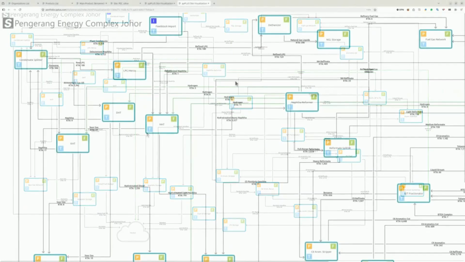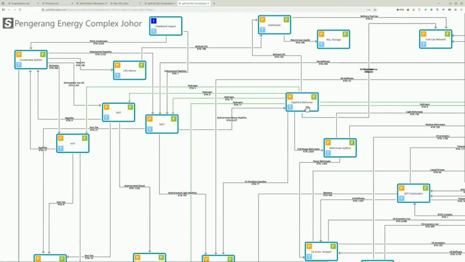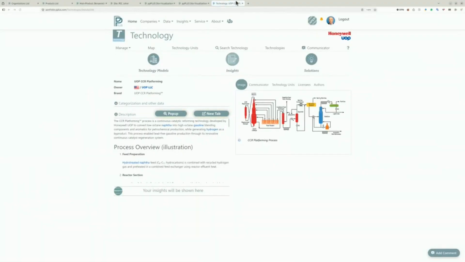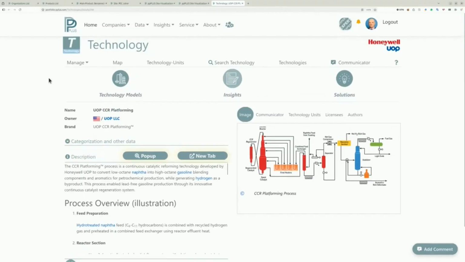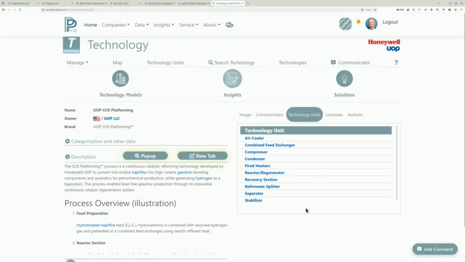So each box, for example here a naphtha reformer, I can look at the technology of the reformer, and we can also go down one level to the equipment inside the technology itself.